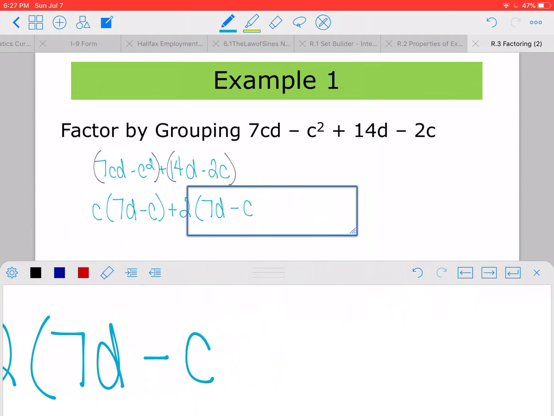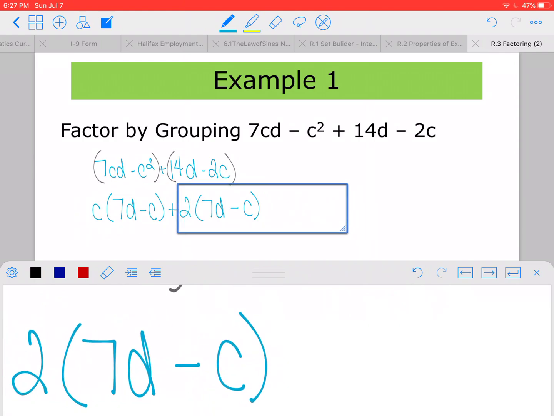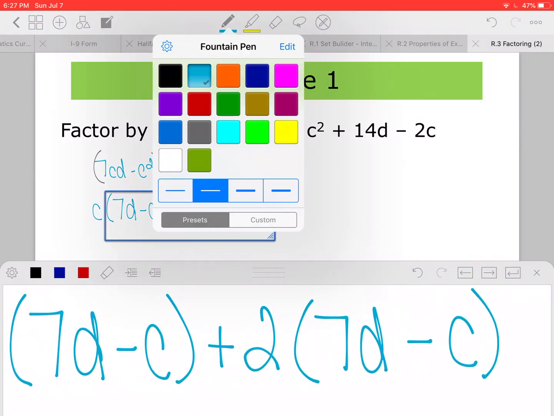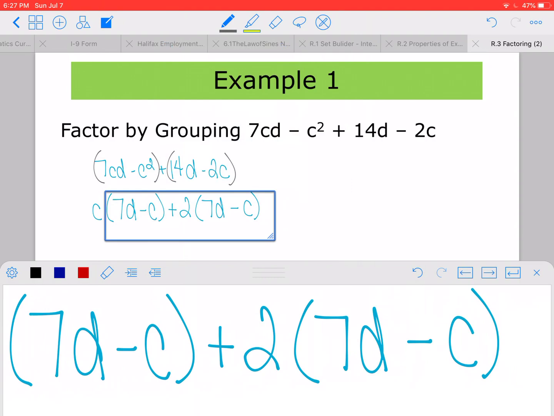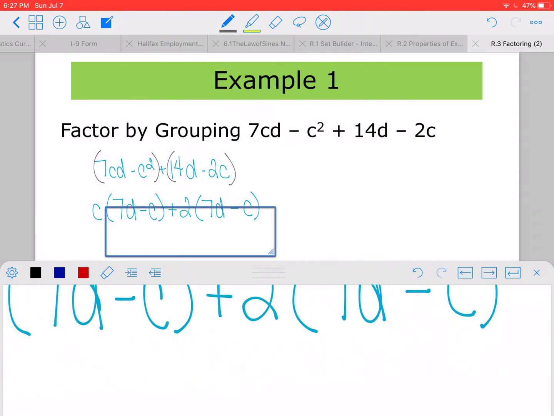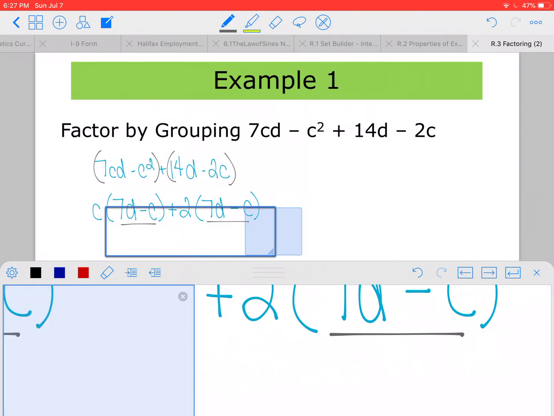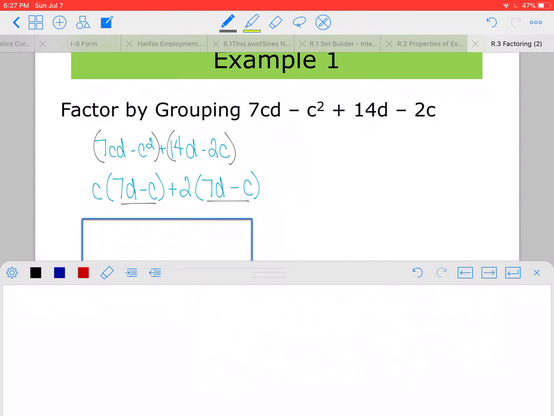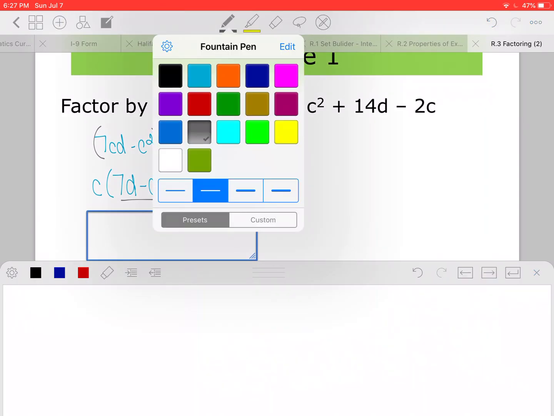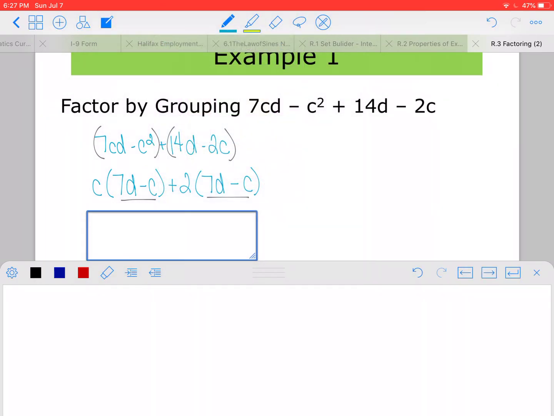Now, what is the advantage to this? This doesn't always work when factoring more than a trinomial, but if it works out like we want it to, then after we've factored from our groups, we've got identical binomials in our parentheses. And if we have identical binomials, we can actually factor them out.